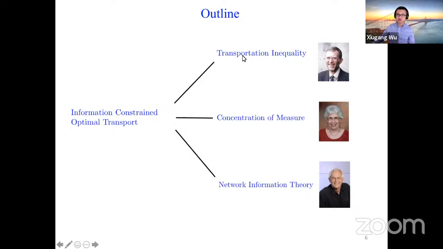This deep connection between transportation and concentration of measure was actually pioneered by information theorist Katalin Marton around the 80s. And this also appears, I guess, in her citation for winning the Shannon Award a few years ago.